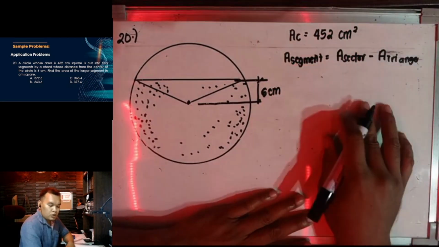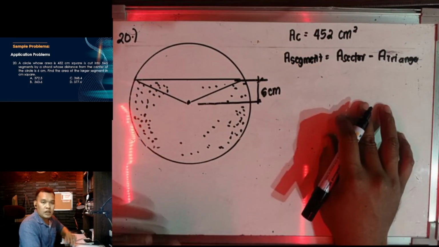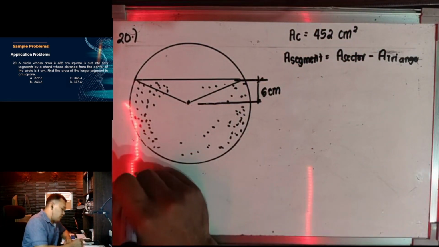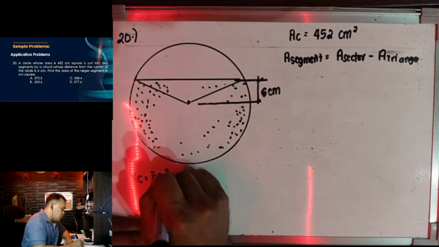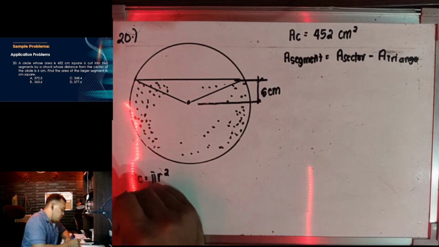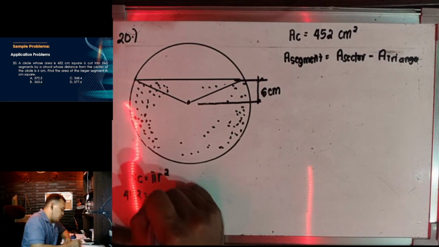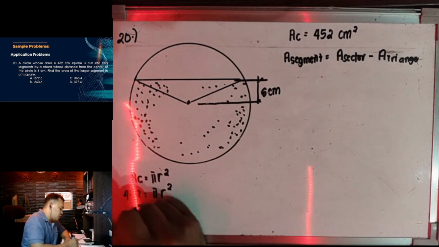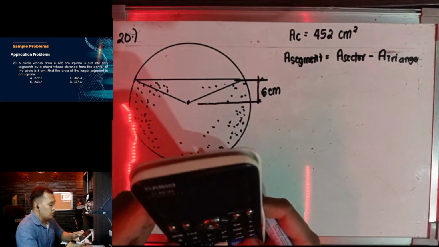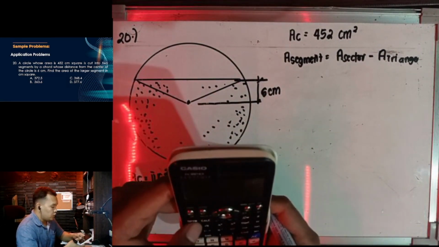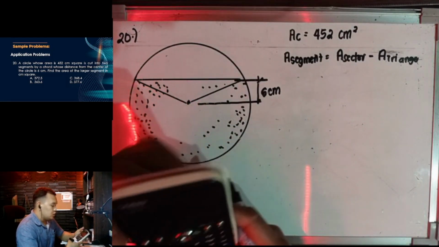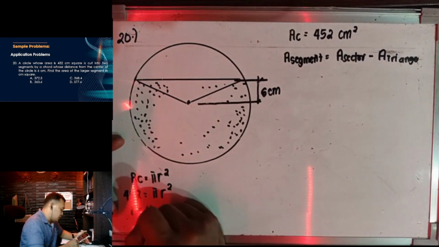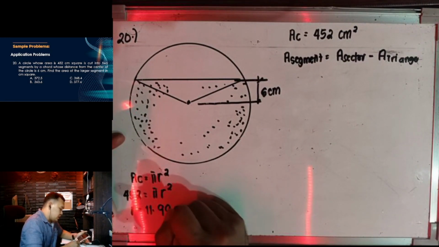Okay, so let's first get the radius. We have here the area of a circle is equivalent to pi r squared. So 452 is equivalent to pi r squared. So r is equivalent to the square root of 452 over pi. So we have here 11.99 centimeters.